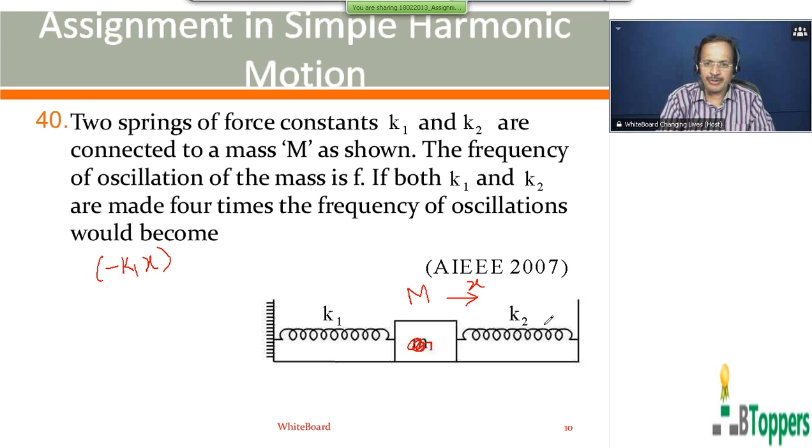Mass compresses the second spring towards right. I mean, if the first spring is elongated by distance x towards right, second spring will be compressed by the same distance x. So the reaction force exerted by second spring on the mass acts toward left side.